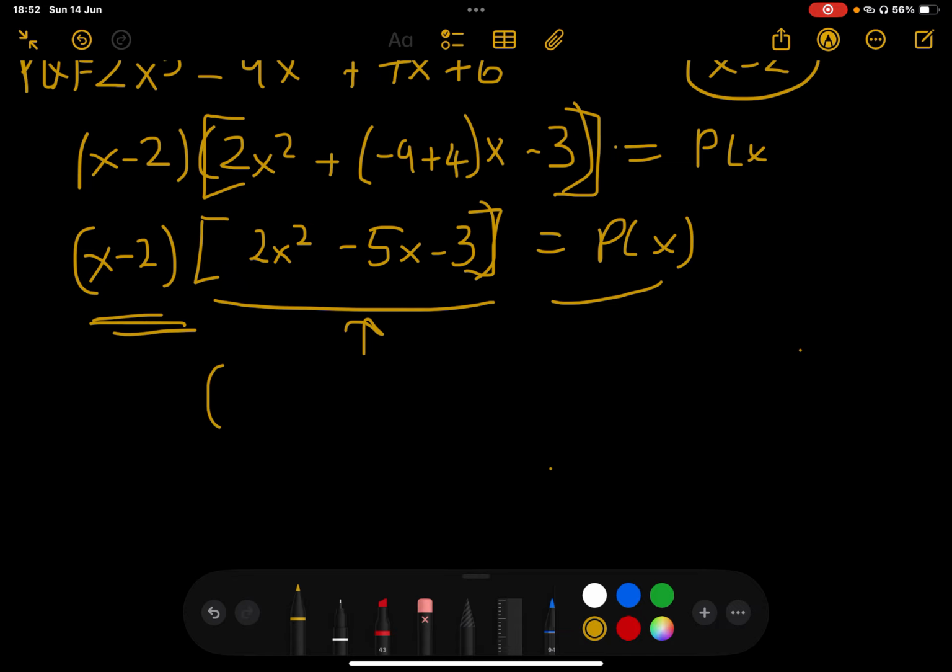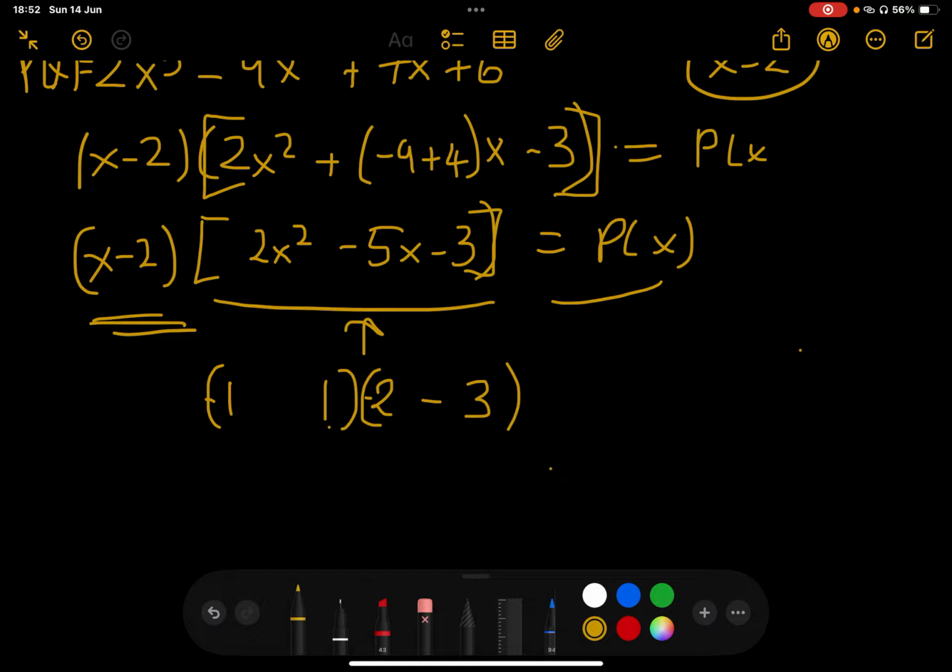Let's see. So we go up here. But we want a minus here. Now we would get minus 2.